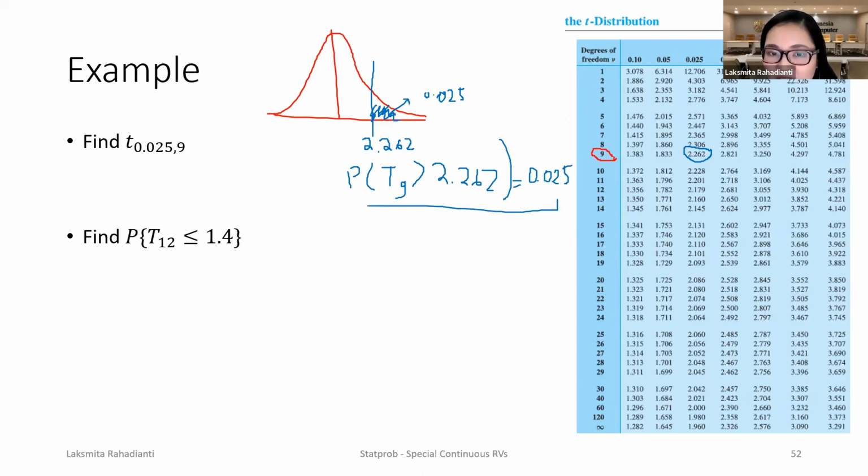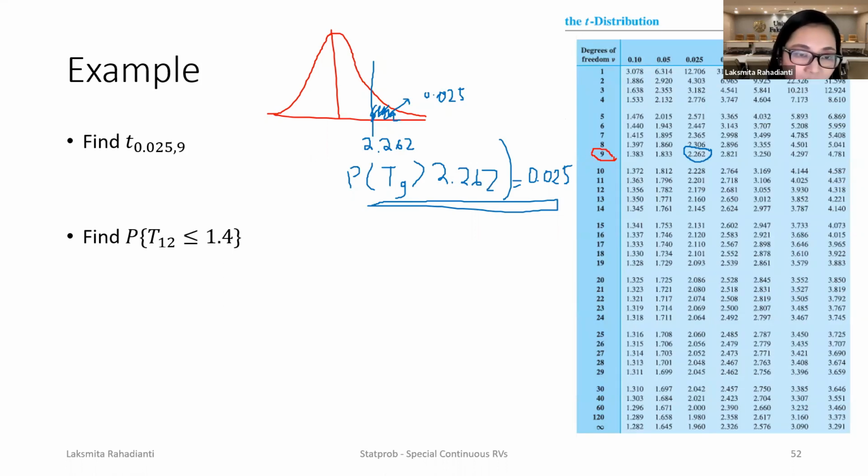So from this part here, you probably have an inkling or a feeling how we can solve the second part. So now I know I'm trying to compute the opposite. What's the probability that my T with a DOF of 12 is less than or equal to 1.4? Okay, so what's this probability?